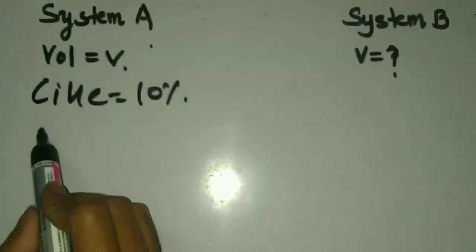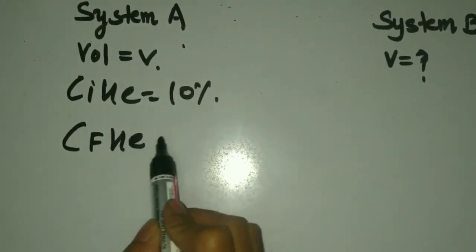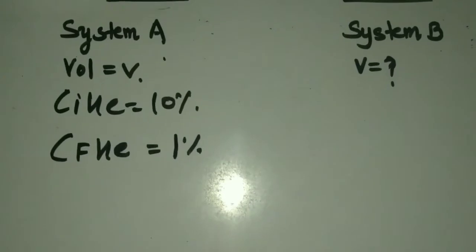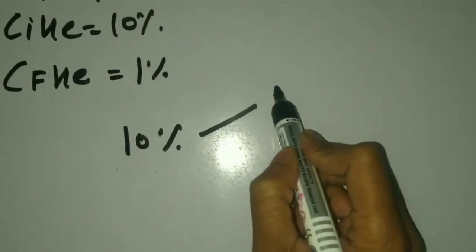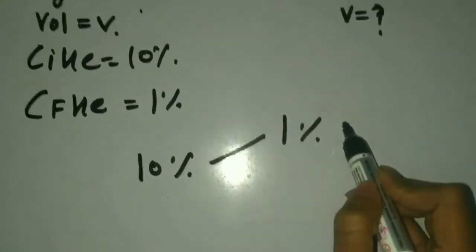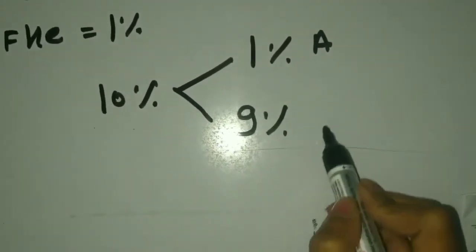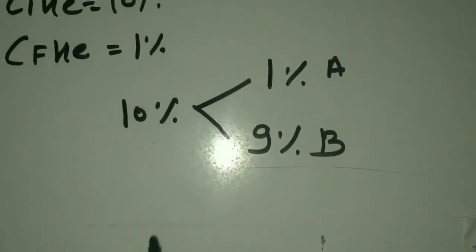Now let's suppose the concentration of helium in system A becomes, see, final helium becomes 1%. That means out of 10% of helium, 1% remains in system A, and the rest 9% went to system B. What does that mean?